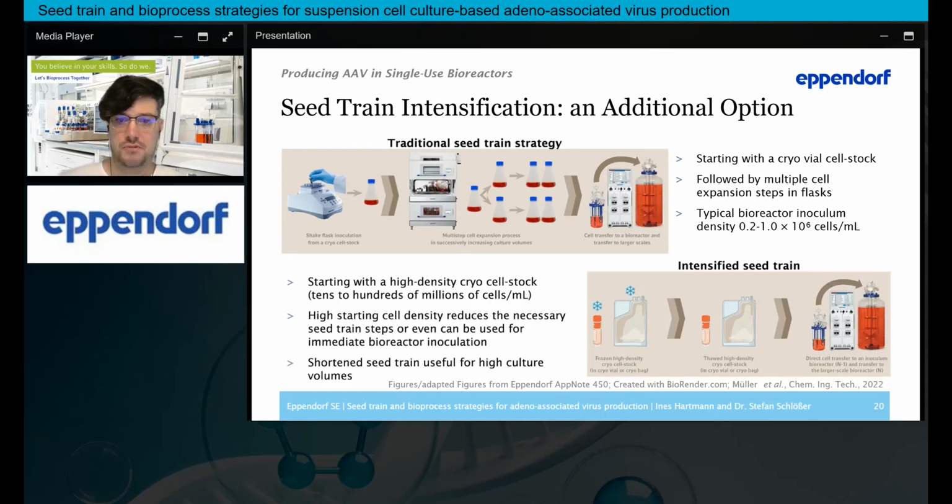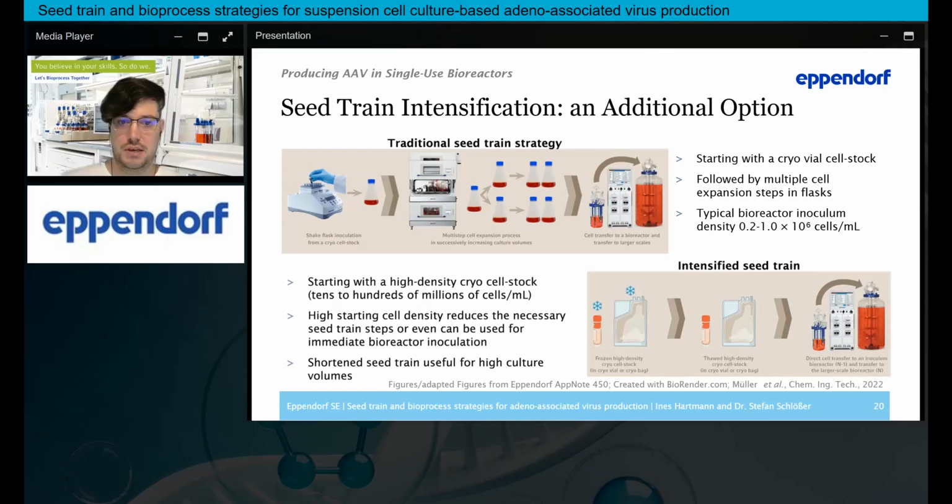And of course, because you start with a higher cell density, you can reduce the total number of steps in your seed train. So you take basically your frozen bag or vial, thaw it, and then you can, for example, even put it immediately in a bioreactor culture, where you then grow the cells to get your inoculum ready for the next big bioreactor, where you, for example, produce your product.